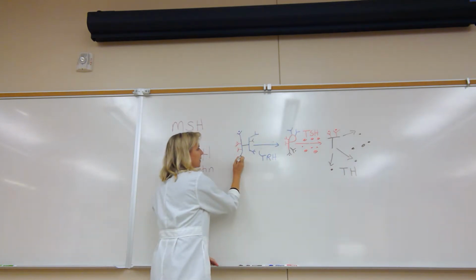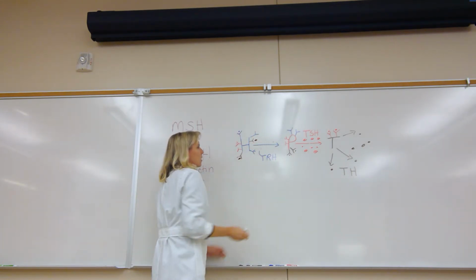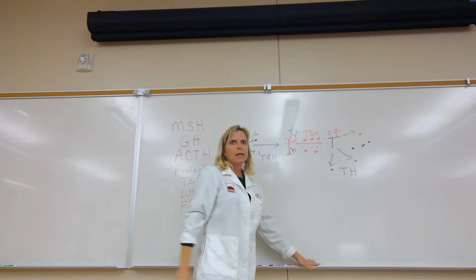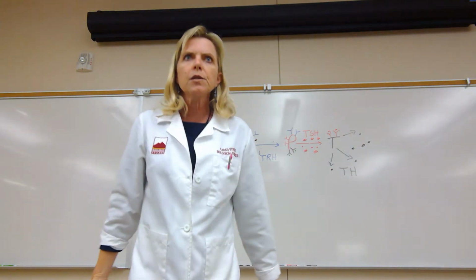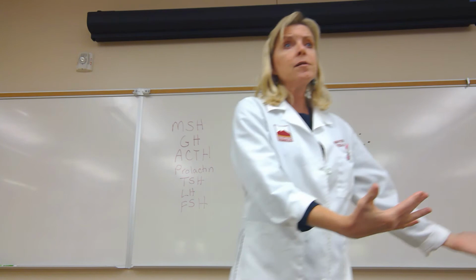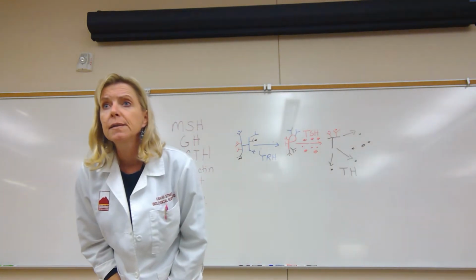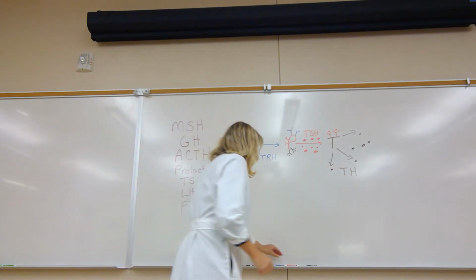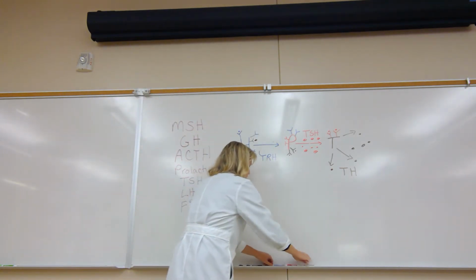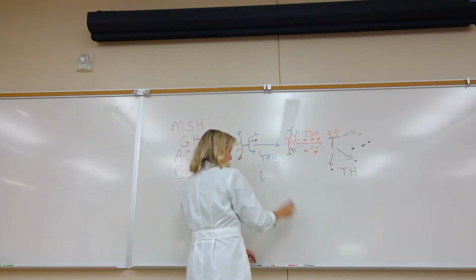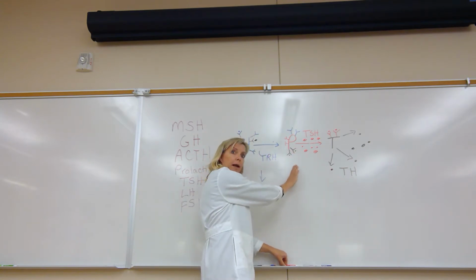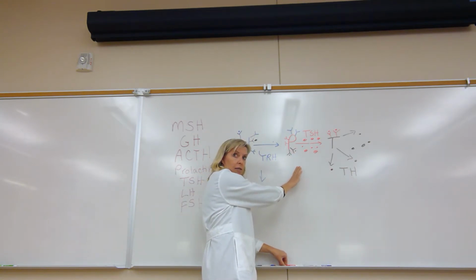This feeds back to the hypothalamus. Those receptors are populated. What's the hypothalamus going to do? Should it release TRH or should it stop? Stop. So those levels for TRH should go down, trying to put the brakes on TSH. Are you seeing this?